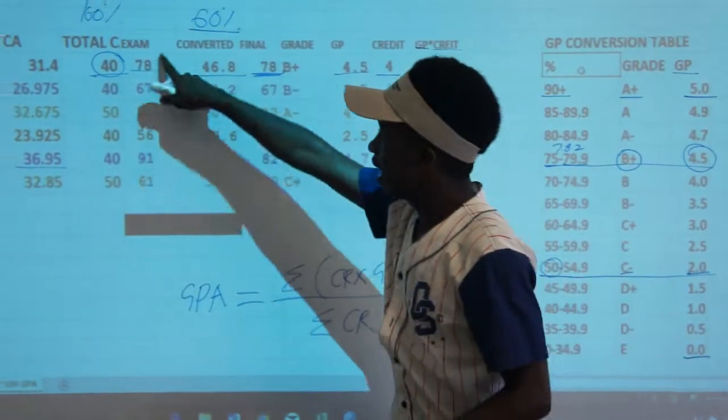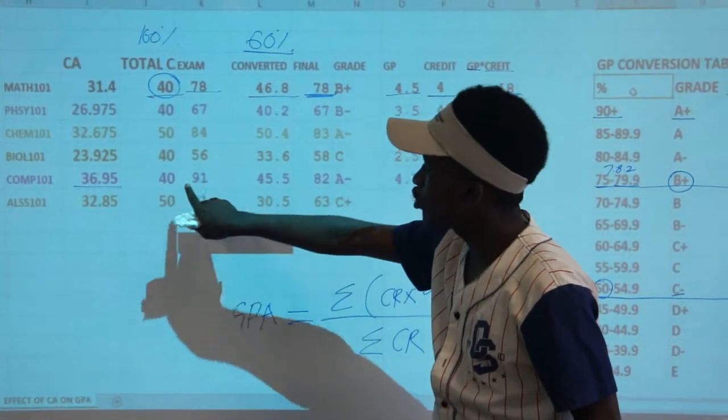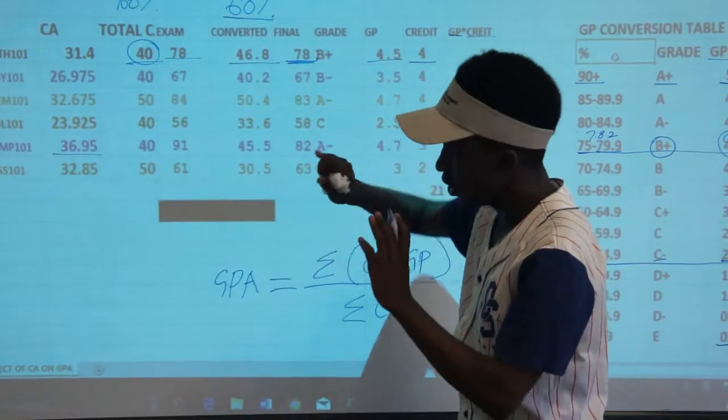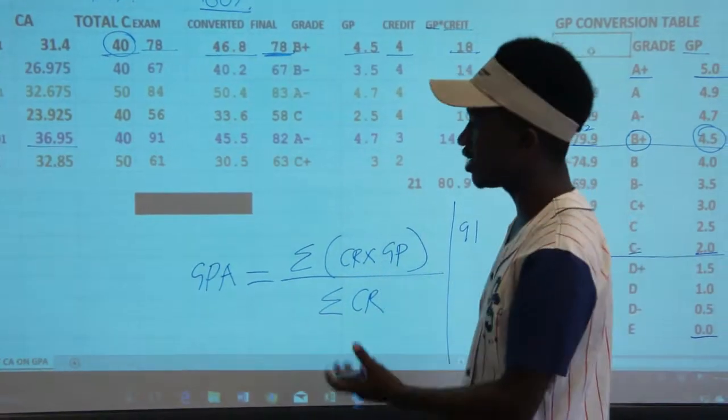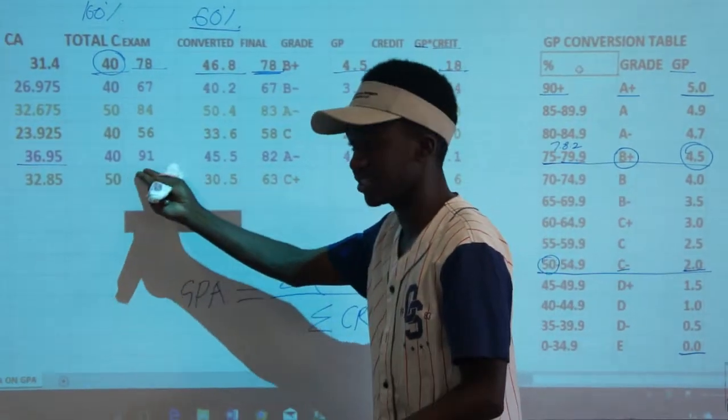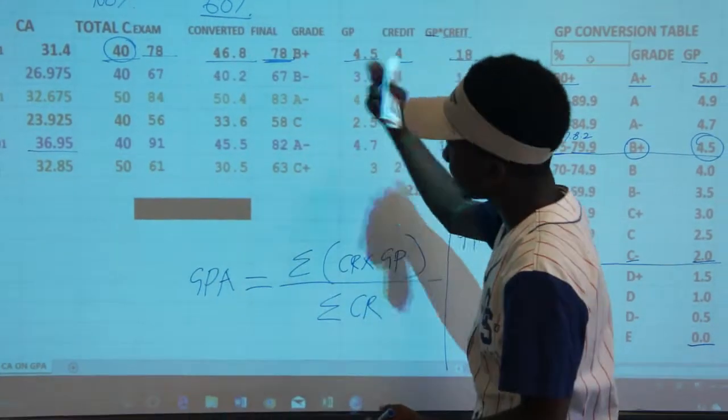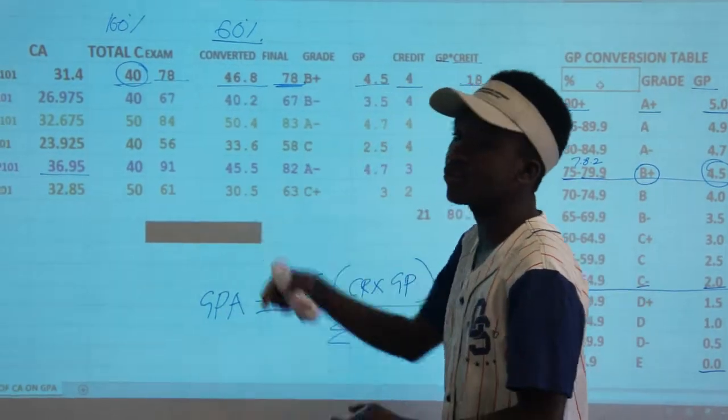The exam percentage that you have obtained as in your paper, let's say the exam was out of 100 and you got 91 out of 100. That is 91% out of 100. But the exam contributes 60% to the final mark.